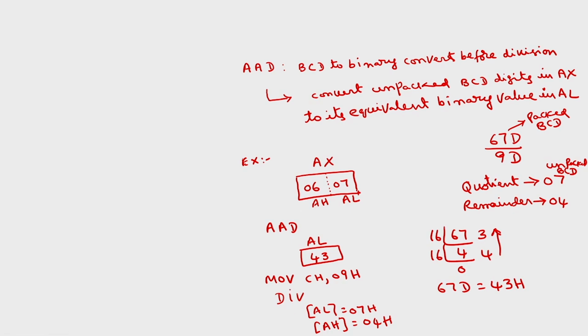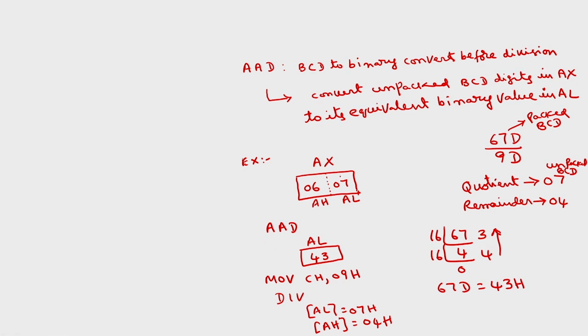Then 9 you can take into any other register, then you can perform the division. But the division instruction assumes the data given is in hexadecimal form, whereas this is actually decimal. So, in order to convert this decimal into the equivalent hexadecimal 43, we will use the instruction AAD.